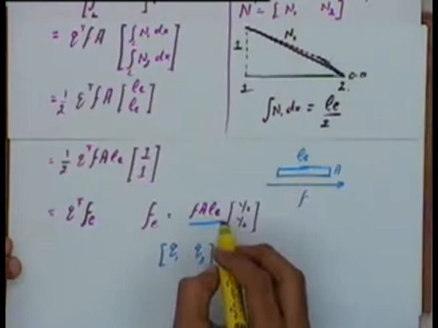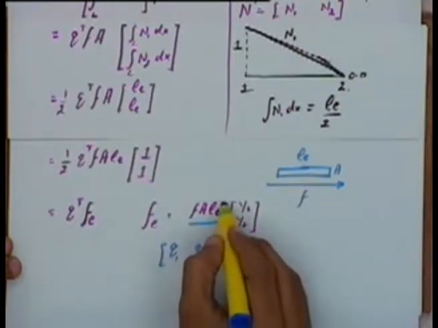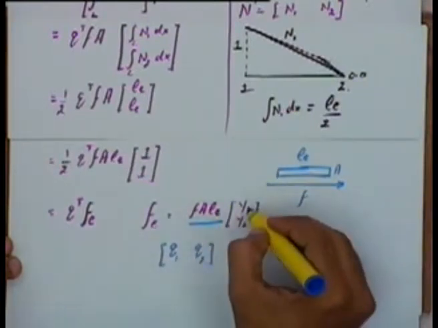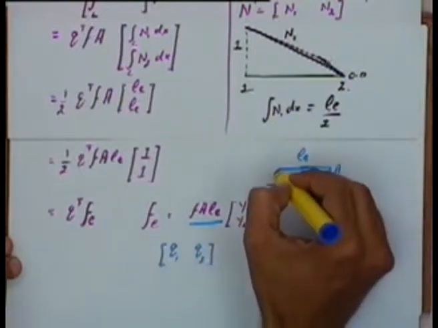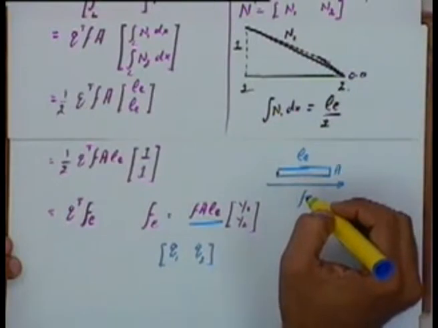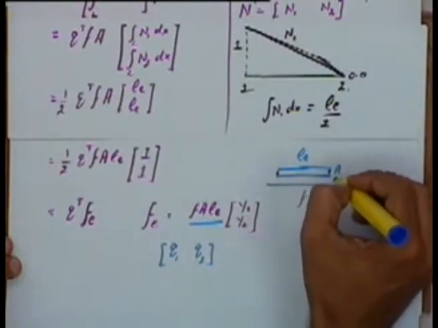So when I am multiplying Q1 Q2 by this, essentially what I am doing is taking the total body force acting on the element multiplied by half multiplied by Q1. Q1 is the deformation of this point, Q2 is the deformation of this point.